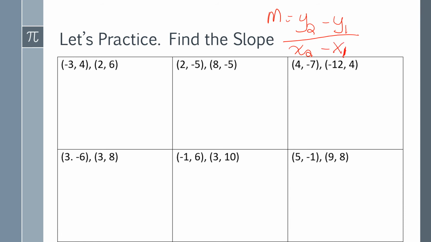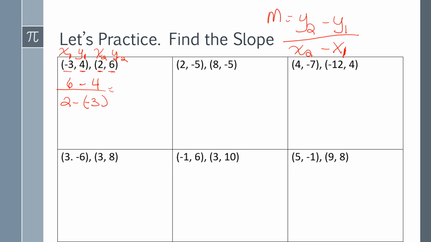And so remember, when we're looking at the ordered pairs, it doesn't matter which one we call them, but generally the first one we say is x1, y1, and the second is x2, y2, although it doesn't matter as long as we're consistent. So then this would be 6 minus 4, y2 minus y1, over x2 minus x1, 2 minus negative 3.